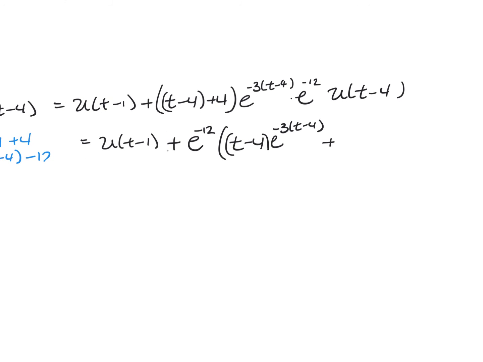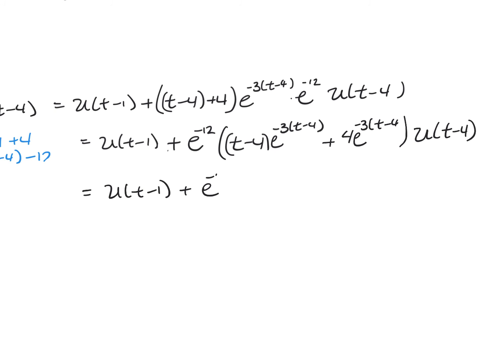And then I'm going to have plus 4e raised to the negative 3t minus 4 multiplied by u of t minus 4. Rewrite this one more time.